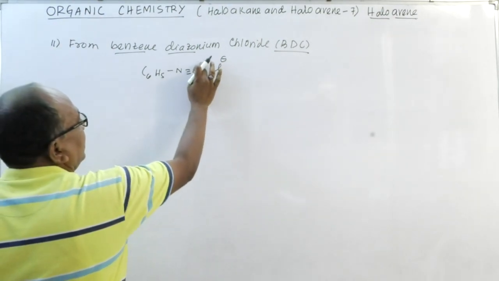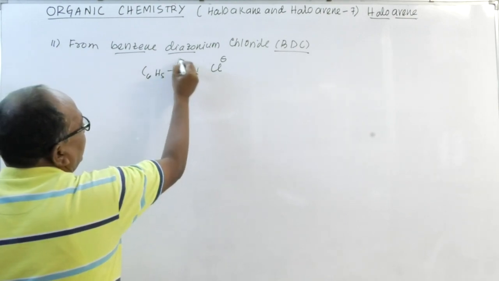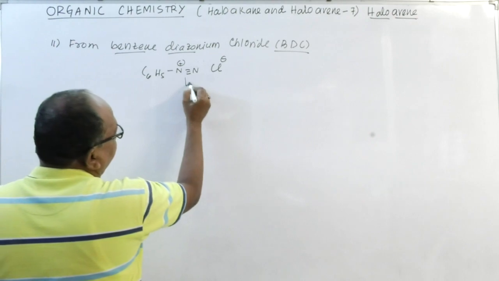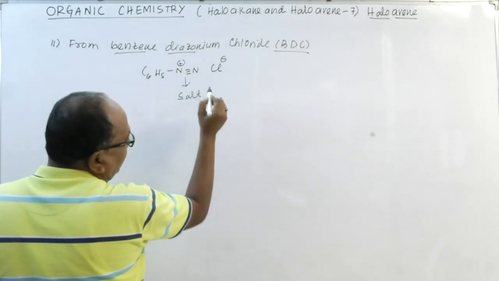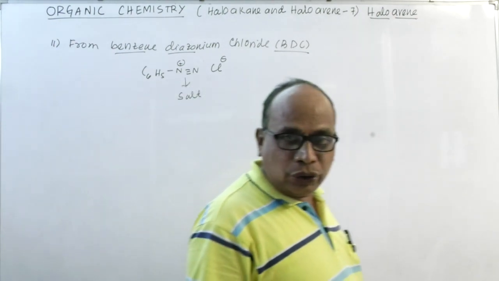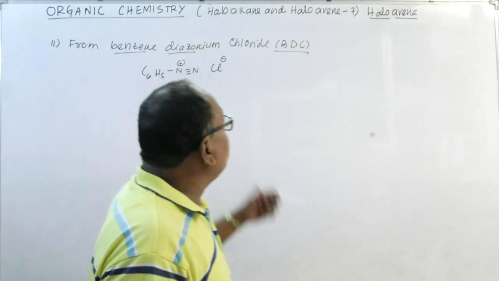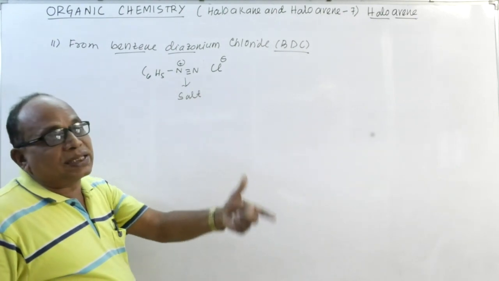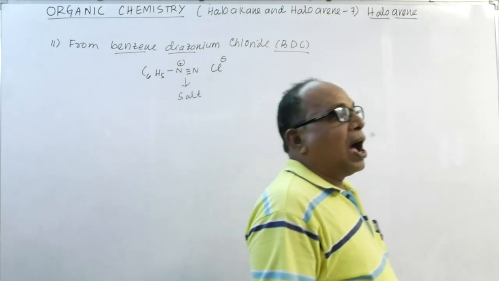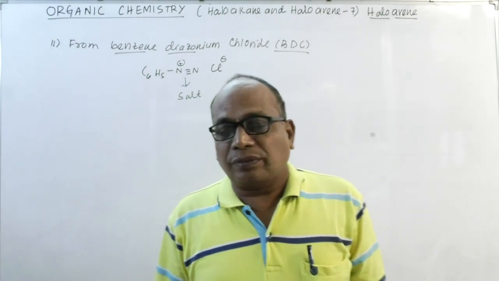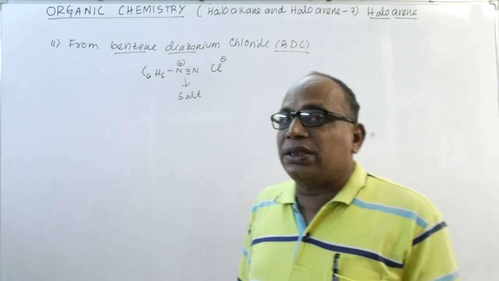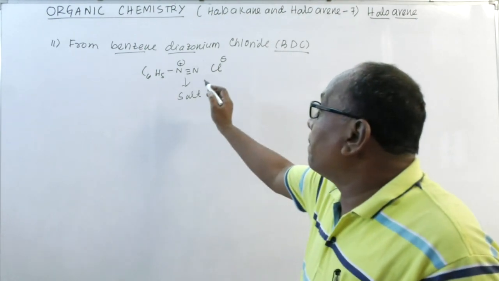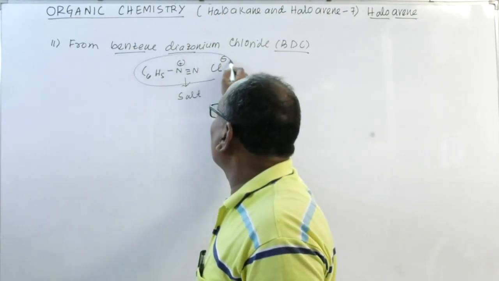Sorry, this one will carry the positive charge. This is called benzene diazonium chloride, one type of salt, that is a diazonium salt. And this benzene diazonium chloride is used to synthesize various classes of halobenzene, that is, you can prepare chlorobenzene, bromobenzene, iodobenzene as well as fluorobenzene from benzene diazonium chloride.